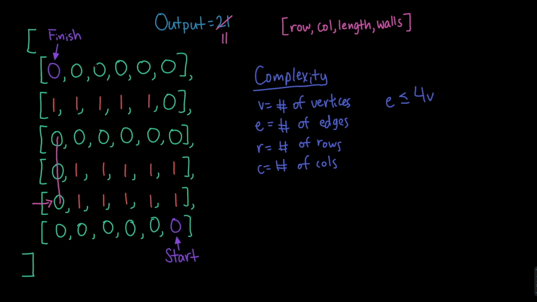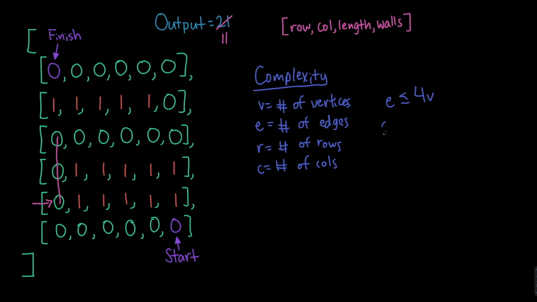Every 0 or 1 is a vertex in our graph. And the edges are invisible, but kind of go like this between all of the different vertices in our graph. So at max, each vertex will have 4 edges if it's something like this one right here. It could have fewer like this 0, but that doesn't really matter. What I'm saying is the upper bound, is that E is never going to be greater than 4V because every vertex can have at most 4 edges.